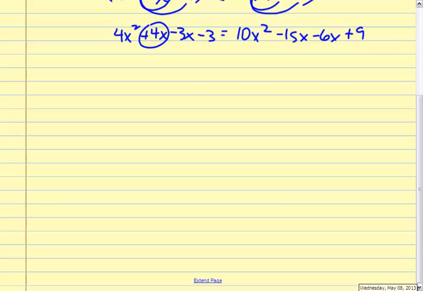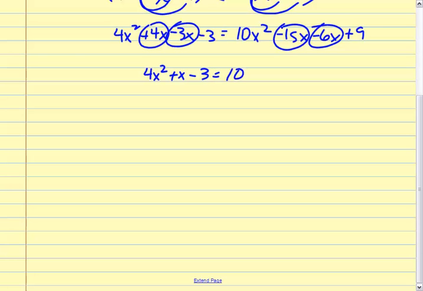All right, I can simplify these two things. So now this is 4x squared plus x minus 3 is equal to 10x squared minus 21x plus 9. I'm going to put everything on the right because that'll keep my x squared positive. So subtract 4x squared from both sides, and that's going to leave me with 6x squared.